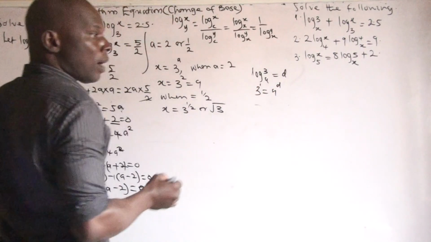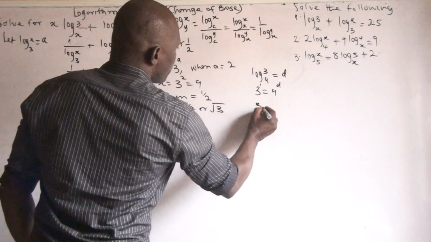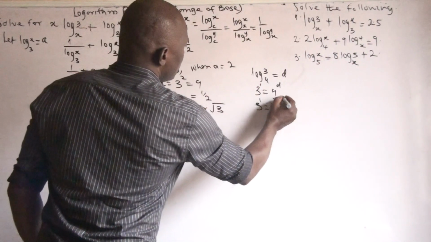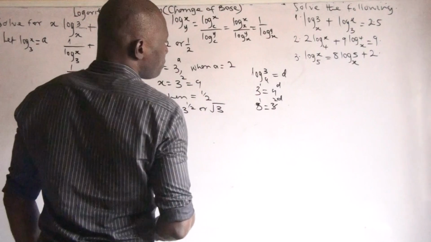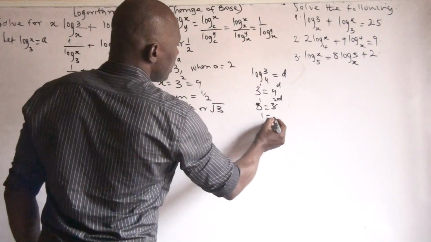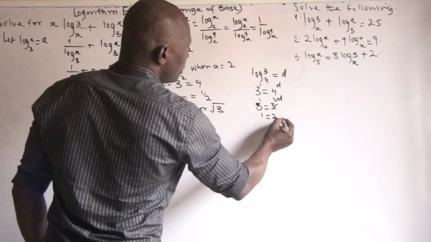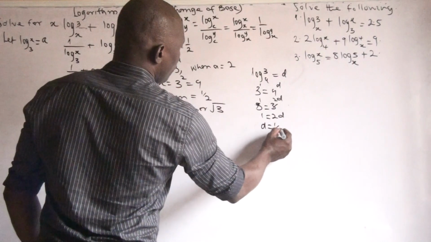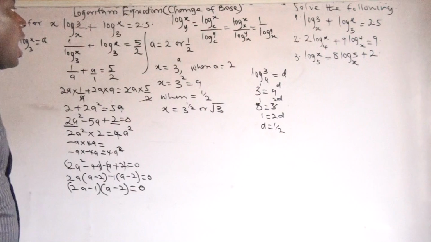Expressing this as a common base, 3 squared is 3 raised to power 2, so 2 is equal to d... so d is equal to half.